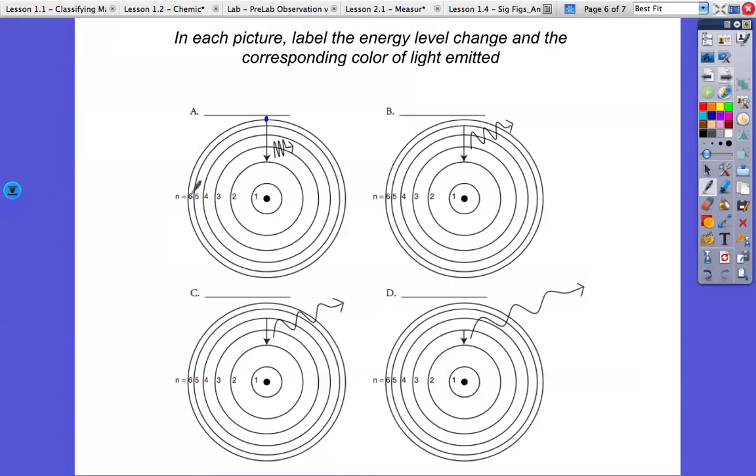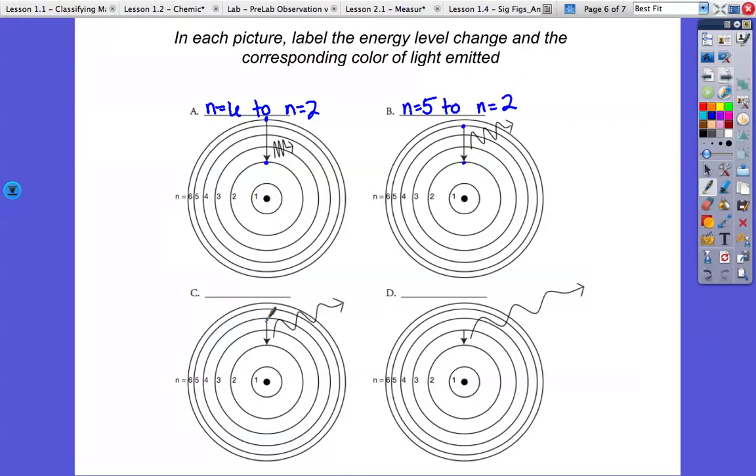So here we're at n equals 6, and it's going to n equals 2. In B, the arrow starts at n equals 5, and it is going to n equals 2.